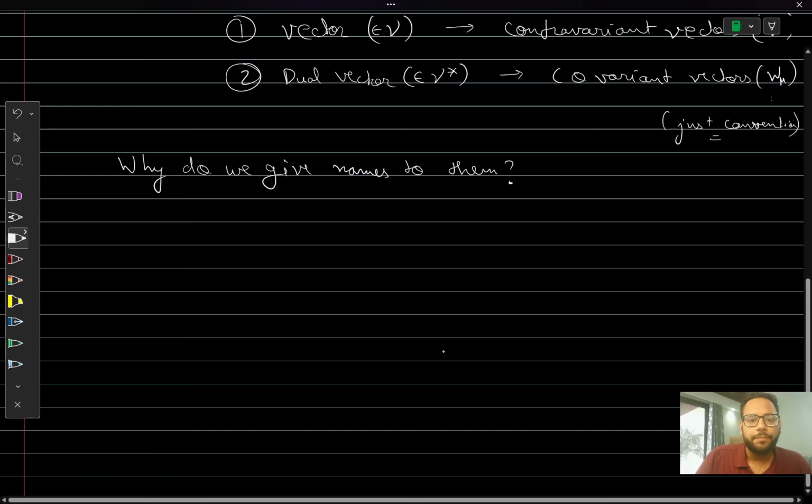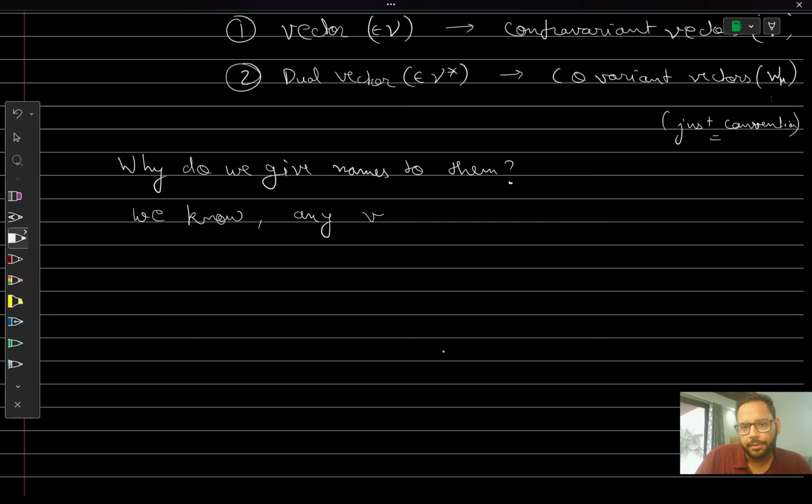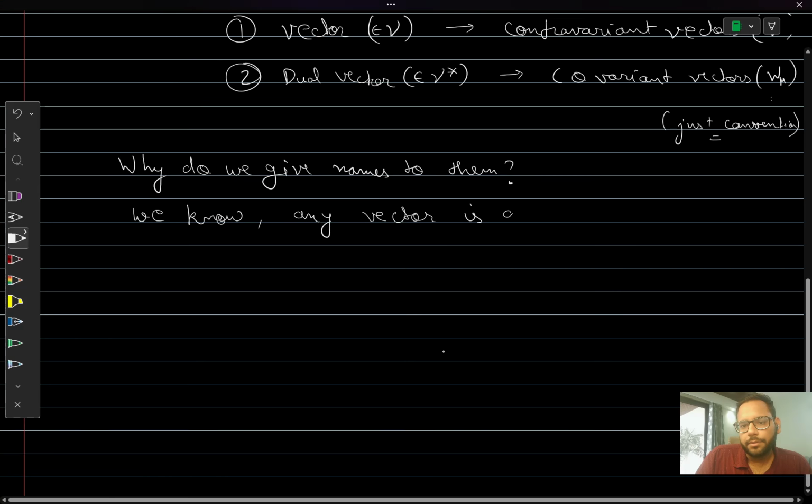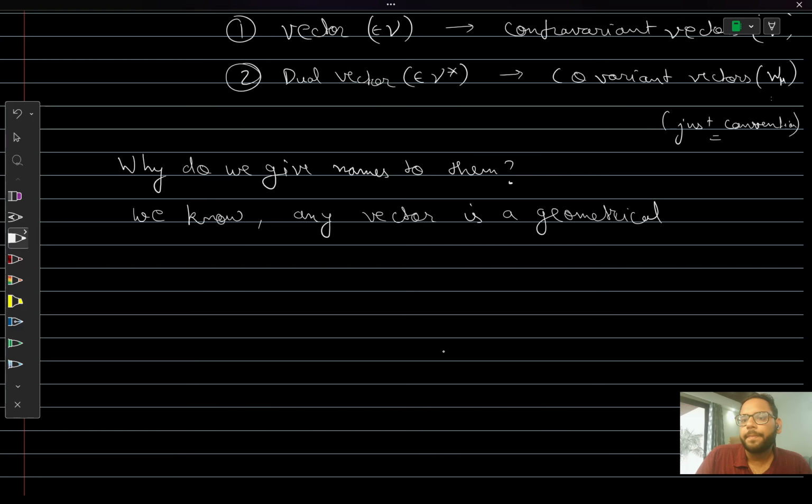So we know any vector is a geometrical object in the special theory of relativity. Why am I calling it here special theory of relativity? Because I am just talking about passive transformations, because it is just a change of reference frames. It is not changing the vectors.